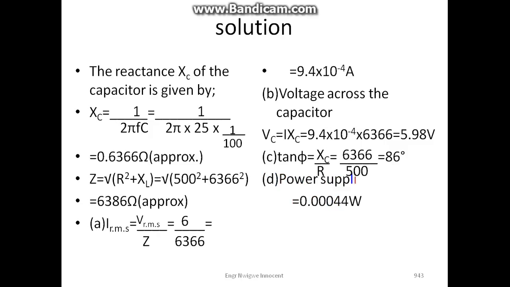D. Power supplied P equals I squared R, which will give us 0.00044 watts, or equal to 4.4 times 10 raised to power minus 4 watts.